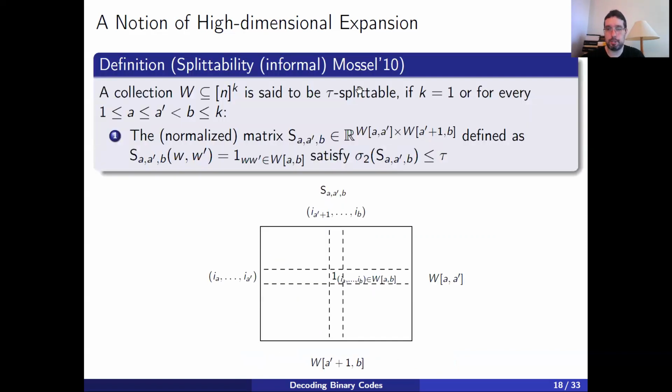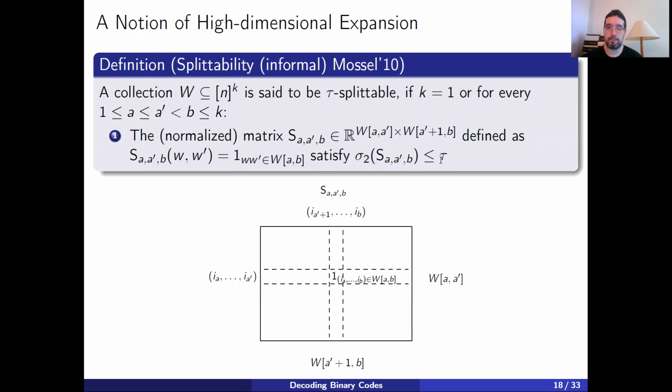And the notion of splittability is as follows. If k is equal to 1, we declare the collection to be splittable. There's nothing to do. Otherwise, for all possible combinations of indices A prime and B that are well defined, we look at this operator, we normalize it to have maximal singular value 1, and we ask for the second largest singular value to be at most tau. And if you have this property, we call it tau-splittable. Okay, so very good.